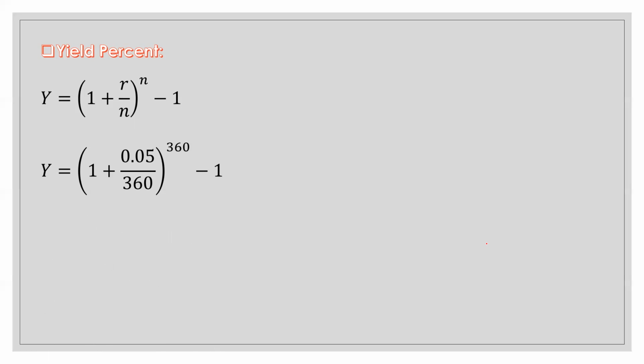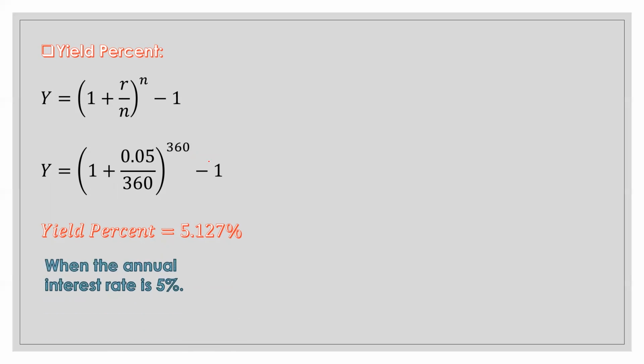In this calculation, 1 plus the rate, 5% divided by 360 compounded daily, to the 360, minus 1. If you throw that into your calculator, the yield percent is, in this case, 5.127% as compared to the annual interest rate of 5%, right?